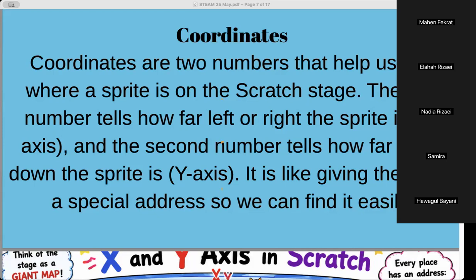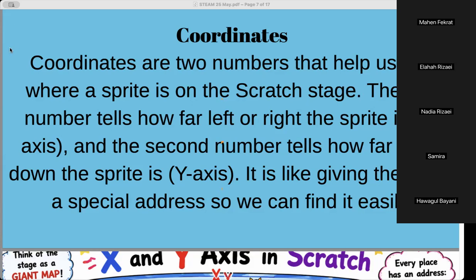The second number tells how far up or down the sprite is, y-axis. It's like giving the sprites a special address, so we can find it easily.